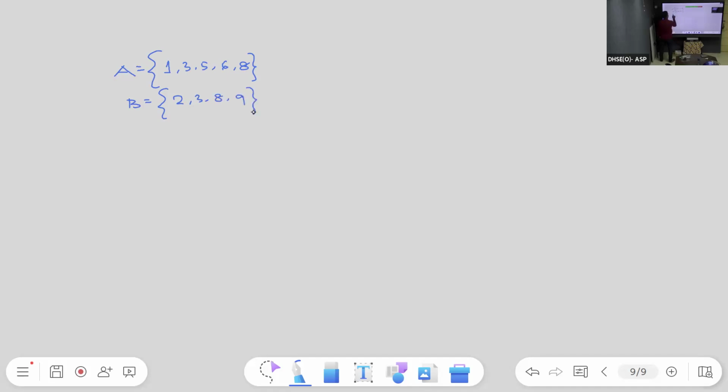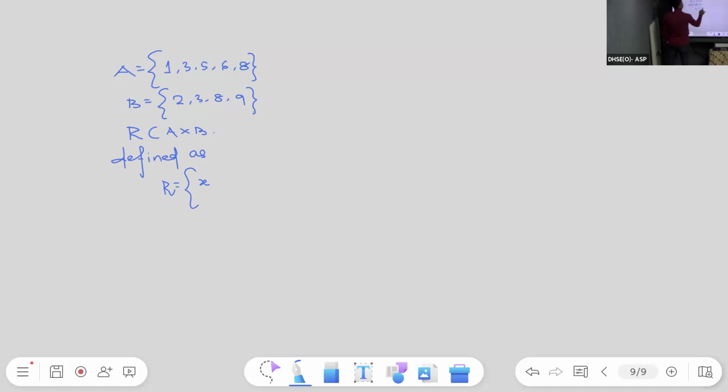R is a relation from set A to set B defined as: R is the set of all (x, y) ordered pairs such that x by y is a power of 3.